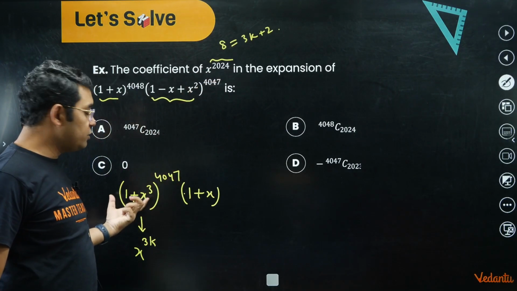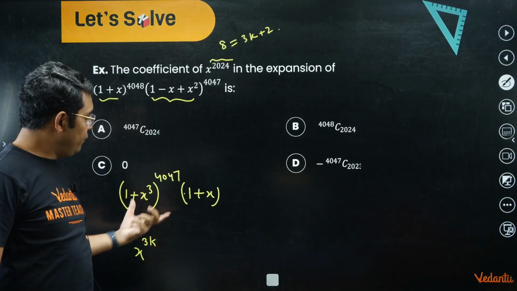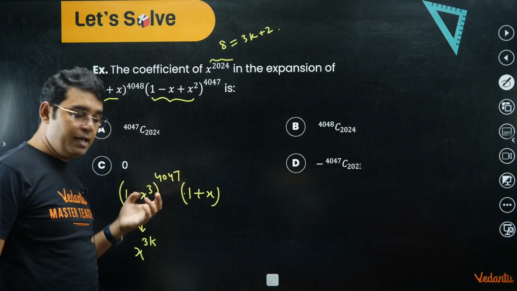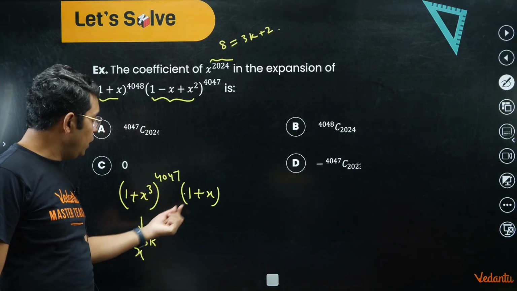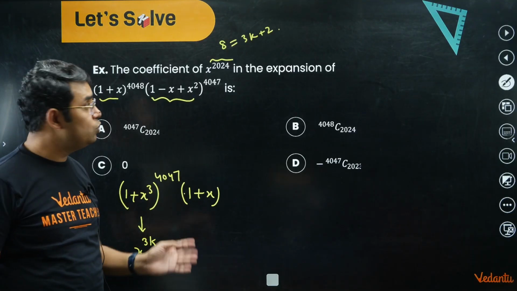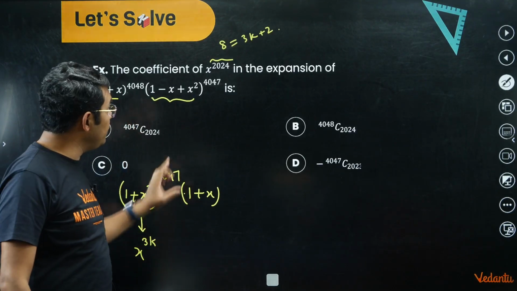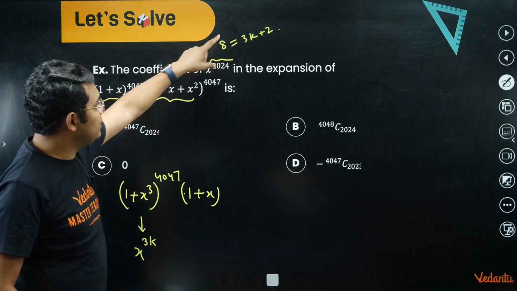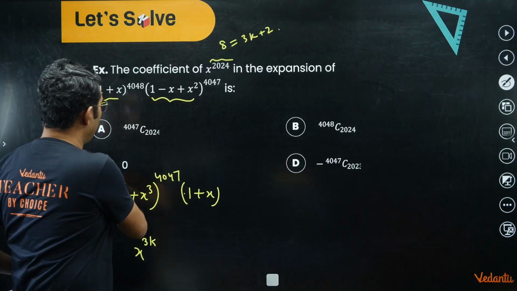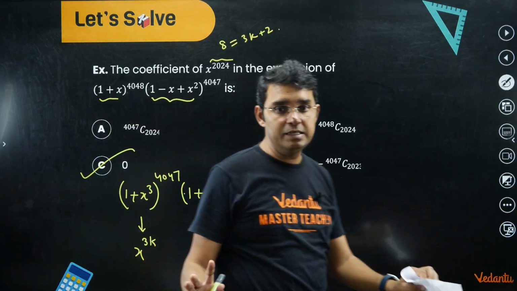Now all the powers of x being 3k, when multiplied with 1 or x, can give you the final terms either as x power 3k or as x power 3k plus 1, but you can never ever get 3k plus 2. So in this case, this term is not possible. So answer of this question should be C.